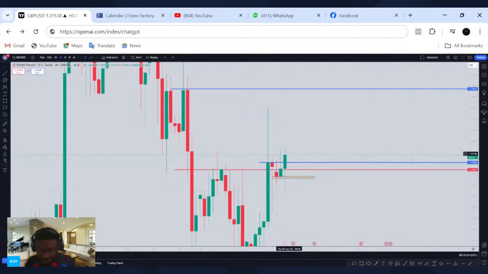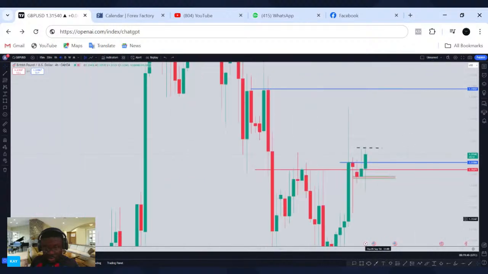So let's wait for the closure and take a buy. So if it closes like this, then you take a buy. You get it? So I'm sure it will move before the ADP news. Then we take a buy on GU.